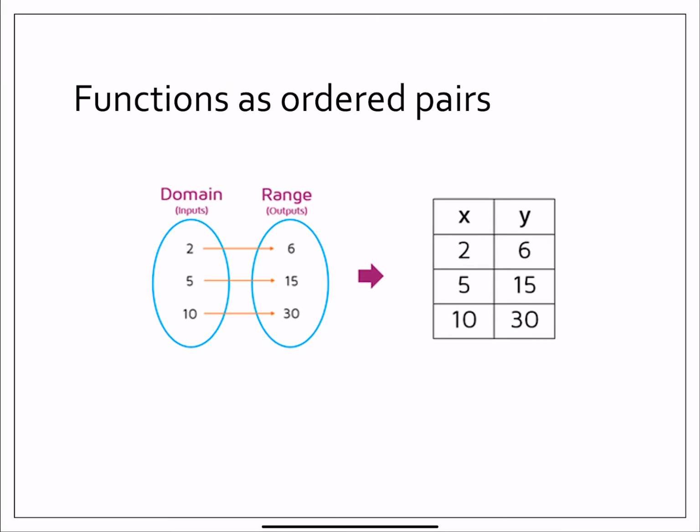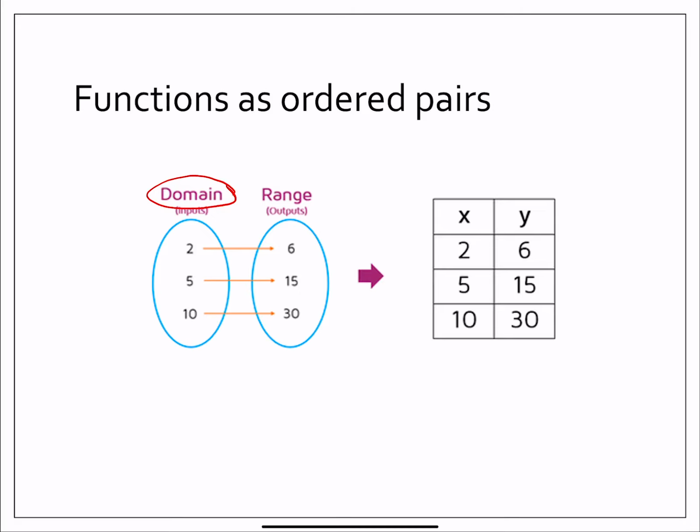Now, the first way that we're going to look at representing functions is by representing functions as ordered pairs, right? And when we represent functions as ordered pairs, we're pairing the inputs with the outputs. That's what we want to do. We want to take our inputs. Now, another name for our inputs, like we said earlier, is the domain, right?